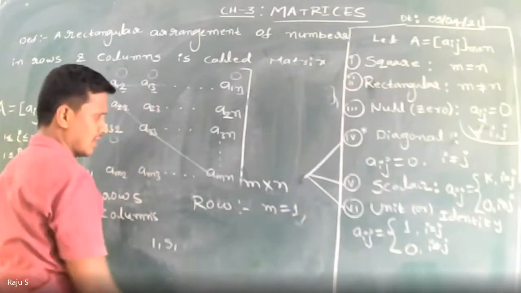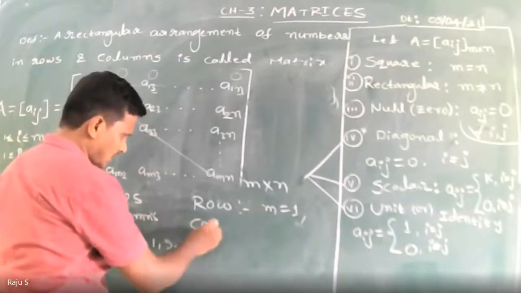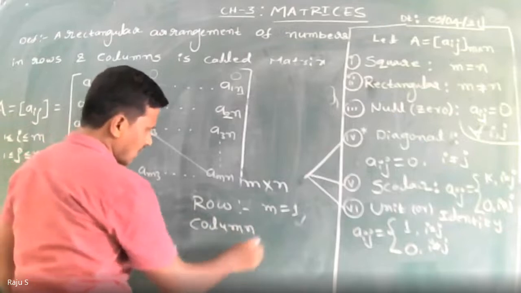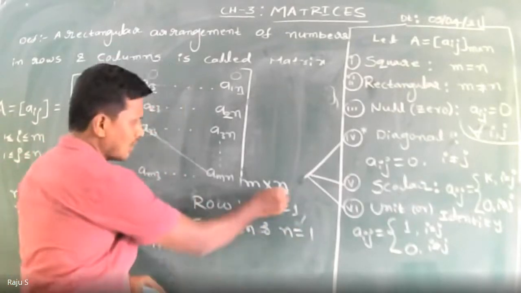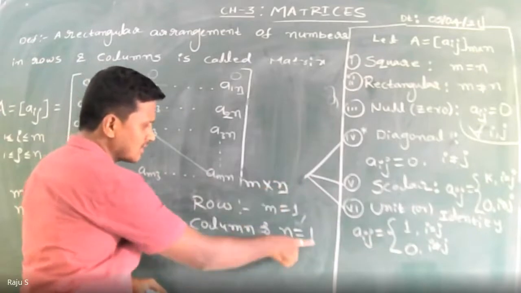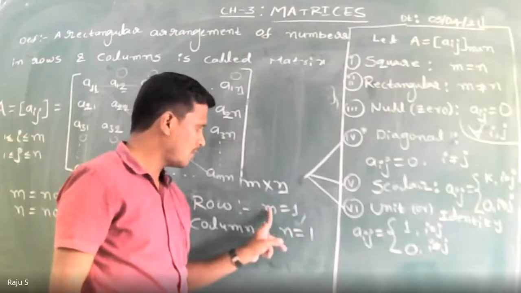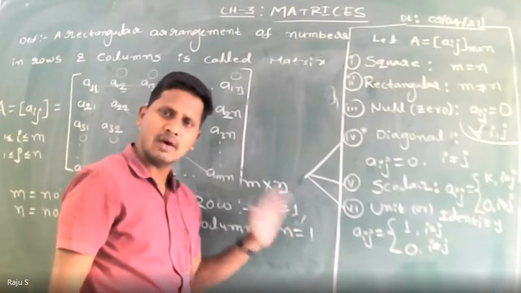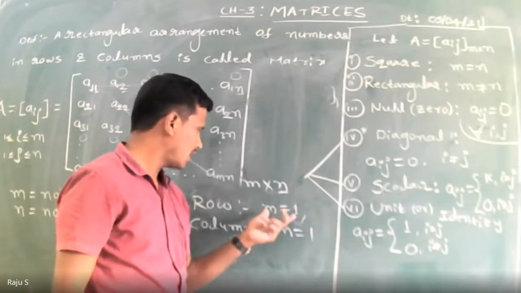The number of rows is equal to 1, then that is called a row matrix. Column matrix simply means the number of columns is 1. Only one row and any number of columns is called a row matrix.